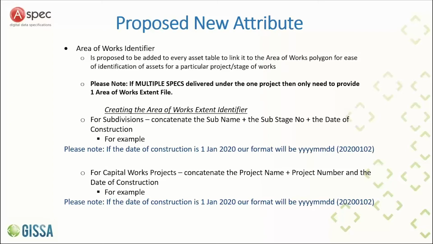And it will potentially be an alphanumeric field, and it will have 25 to 30 characters. We don't want to make it excessive, but that's what we've provided to other clients so that they can link their area of works common attributes to specific assets within their data sets.